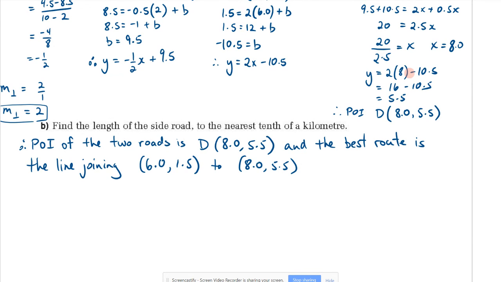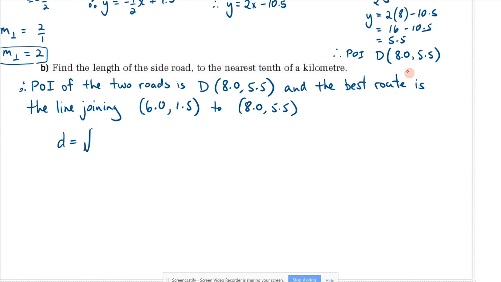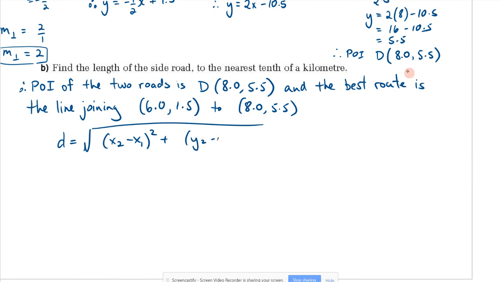Okay, so to find that length, I need to use the distance formula, and that's given by the square root of x2 minus x1 squared plus y2 minus y1 in brackets squared. So let's plug in our values. x2 is going to be 8.0 minus x1, which is 6.0, square that, plus y2, which is 5.5 minus 1.5 in brackets squared.